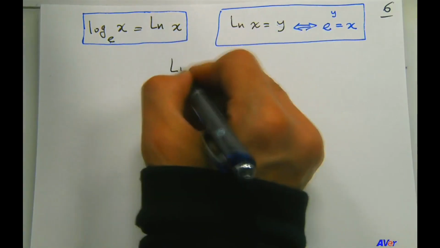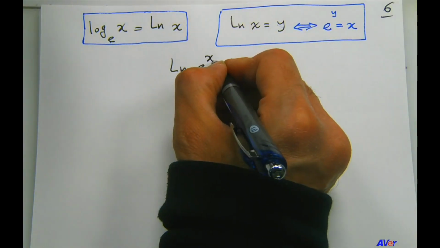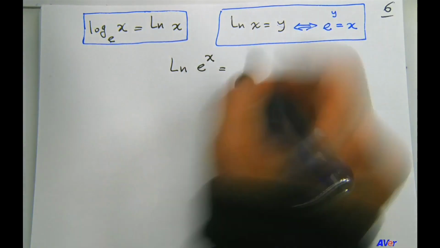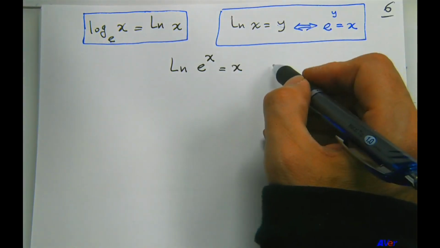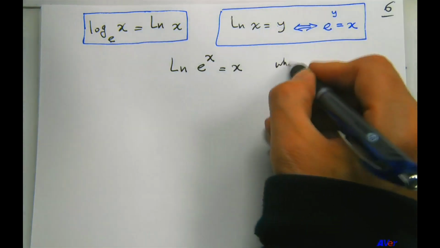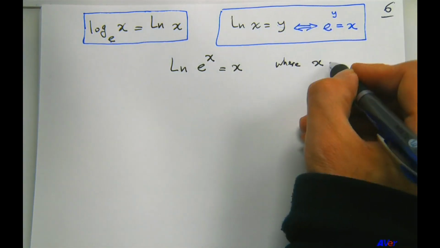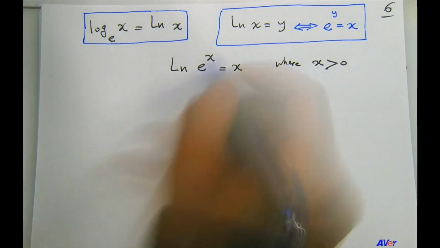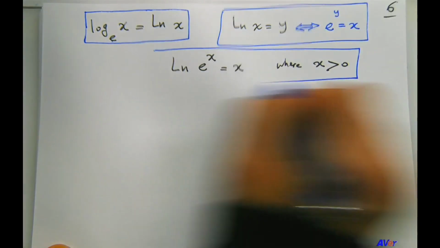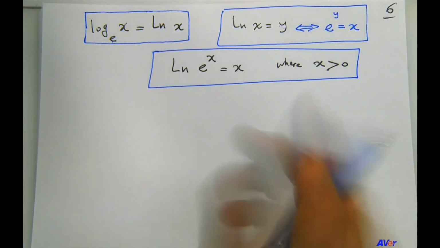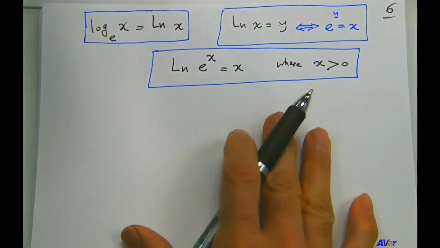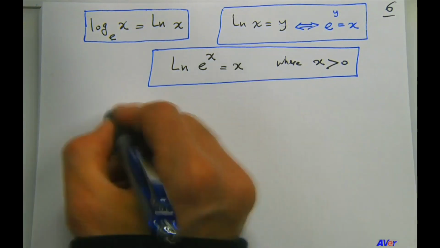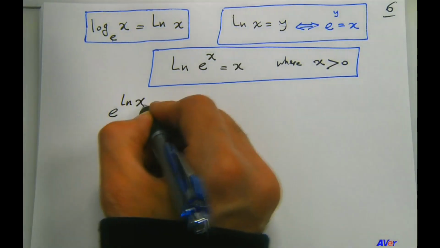And of course, natural log of e to the x would be equal to x, where x has to be greater than 0. So let's also add this neat property.